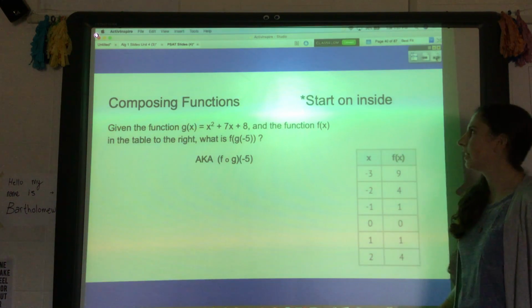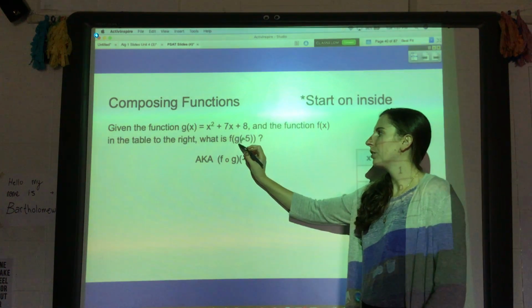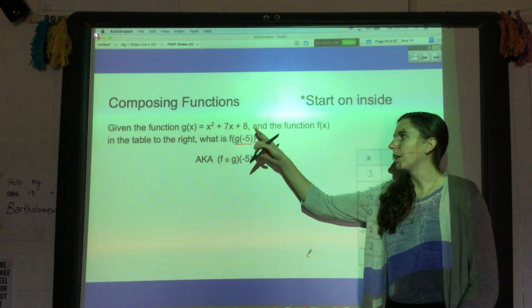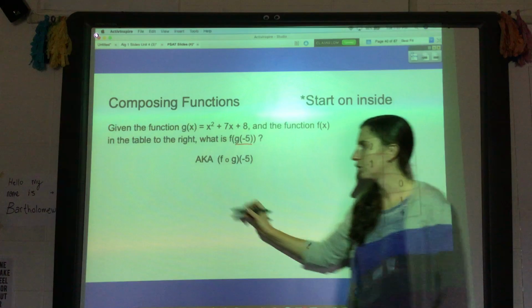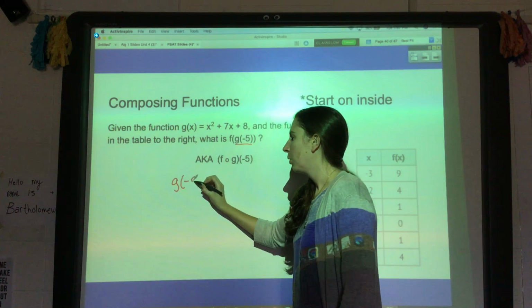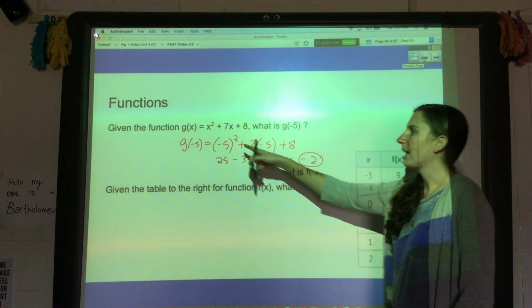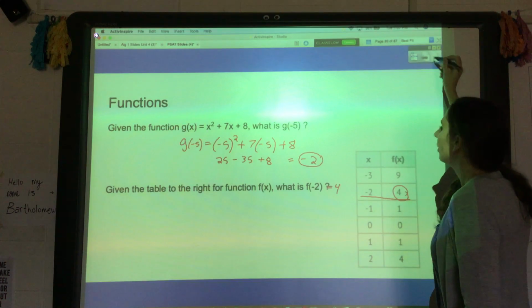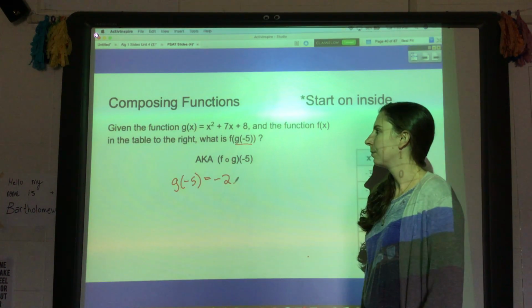When you do problems like this, you always want to start on the inside first. So basically, we're going to find g of -5, and then whatever we get, we're going to put that into the function f. So let's just start with g of -5, which we did on the last slide by plugging in -5, and we got out -2. So when we do g of -5, we get out -2.